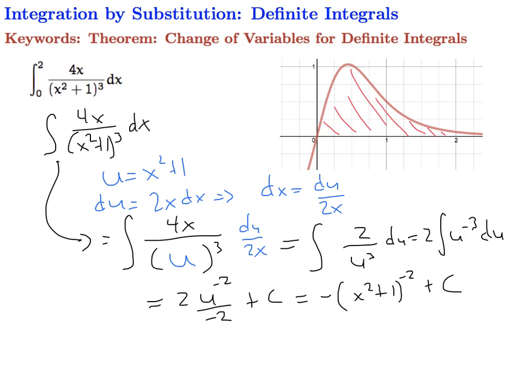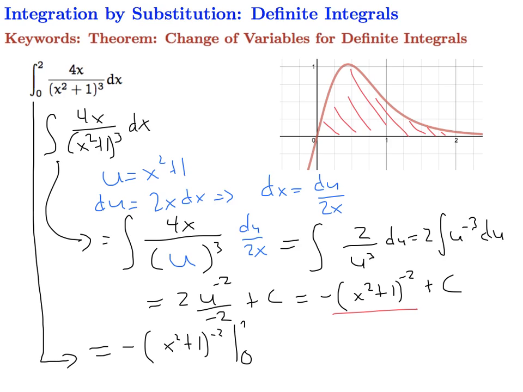So to solve our original problem, we can bring this down, and we have an antiderivative. We found it in terms of x, so this means our original problem is going to be equal to negative x squared plus 1 to the negative second, evaluated at 0 and 2, which is just going to be 24/25 rather, the area of this region we were looking for.